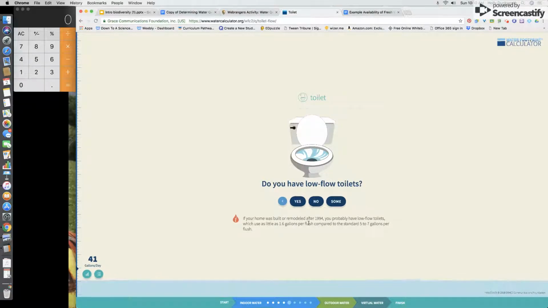I had assumed at one time that if your toilet had two different settings for your bathroom needs, then that was a low flow toilet. But apparently, if your house has been built or remodeled after 1994, then you may have low flow toilets installed. I did not realize this, but I still have the original toilets in my bathrooms.